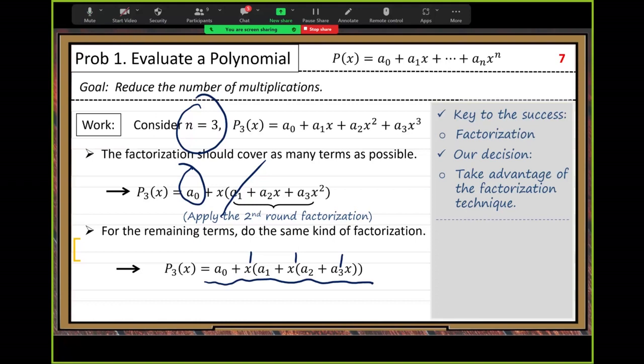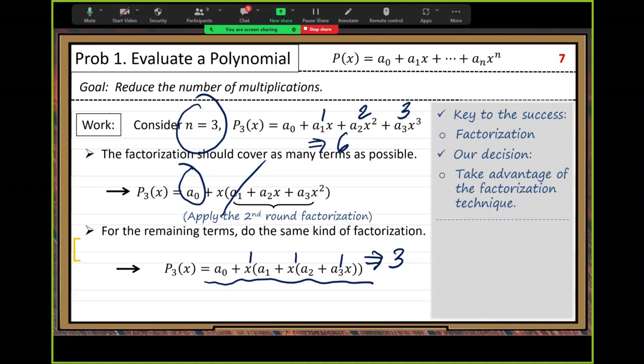Now we want to compare. How much is the improvement? After factorization, our number of multiplications is 3. But before the factorization, this term contributes 1 multiplication, this term contributes 2 multiplications, and this term contributes 3 multiplications. So the total multiplication number is 6.